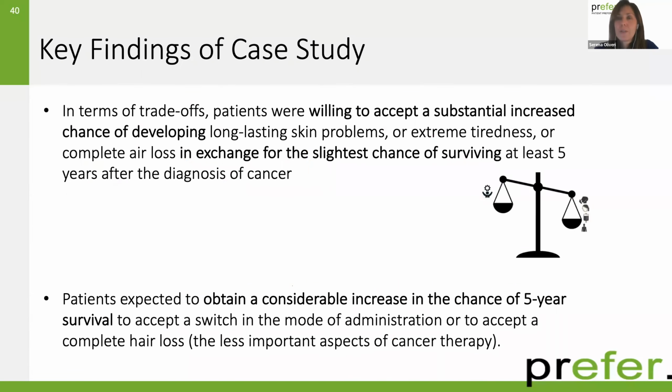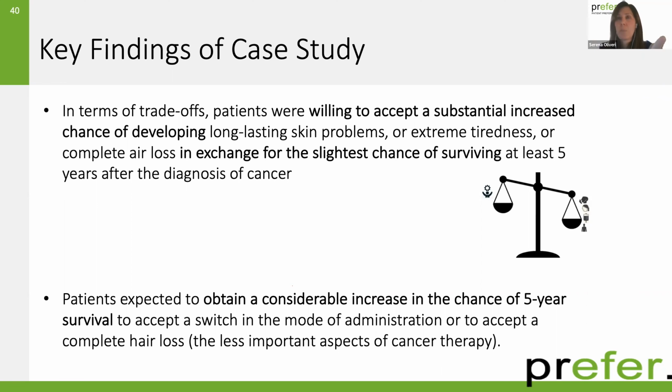Some key findings. Concerning the overall preferences, we found that all patients preferred survival over any other kind of attributes. And in terms of trade-offs, patients were willing to accept a substantial increase in the chance of developing side effects in exchange for the slightest chance of surviving at least 5 years after the diagnosis.